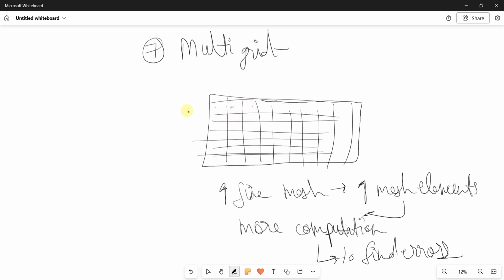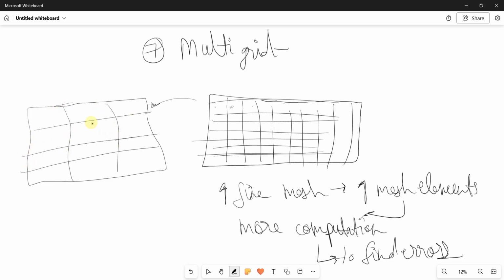So what if we temporarily create a coarser mesh, right? So I convert it into a larger mesh, something like this, right? Now I can just find errors at these big meshes or these big control volumes, right?